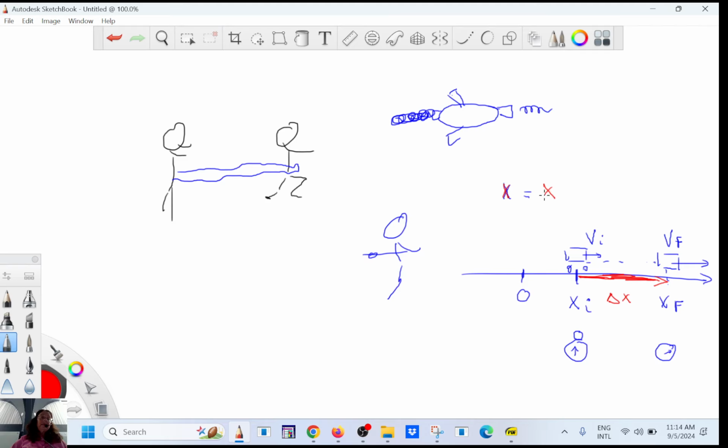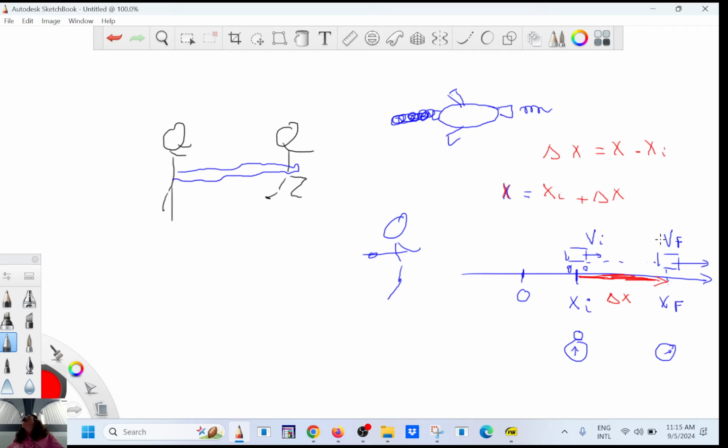Or you say initial position plus delta x. Okay, so it just means that the displacement is the final minus x initial. So sometimes you have a tricky problem, but distinguish between the initial position and the origin. That will be your displacement.